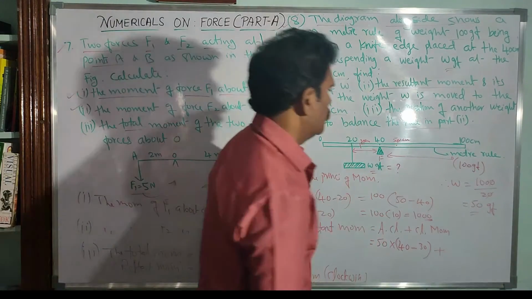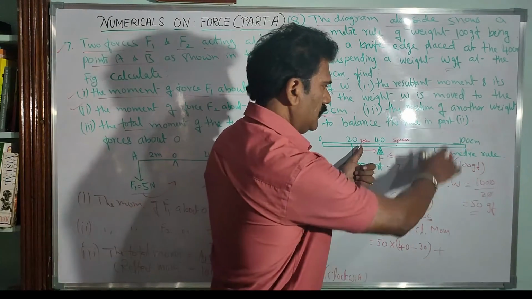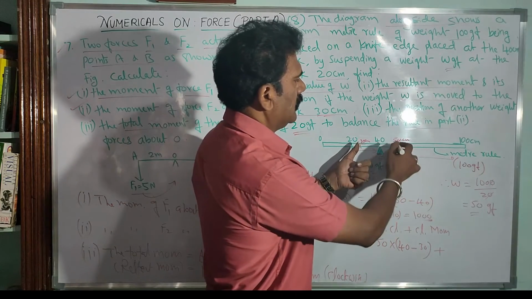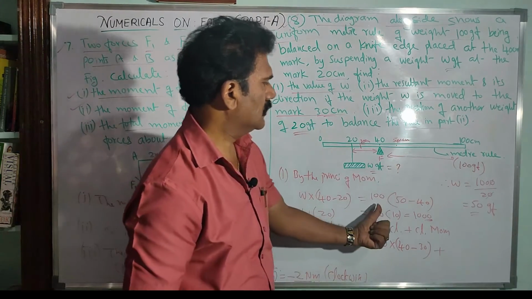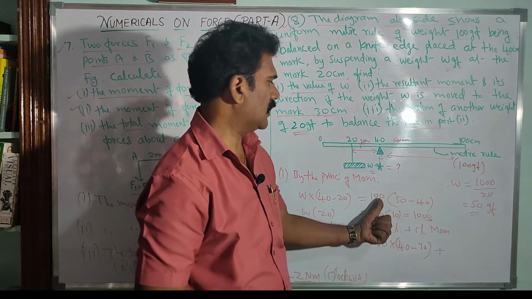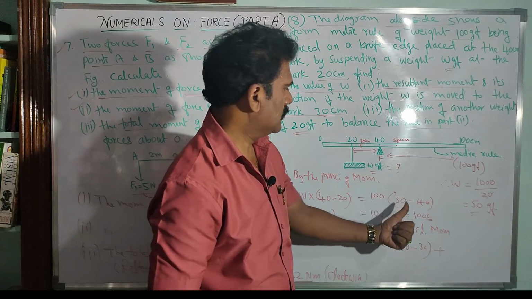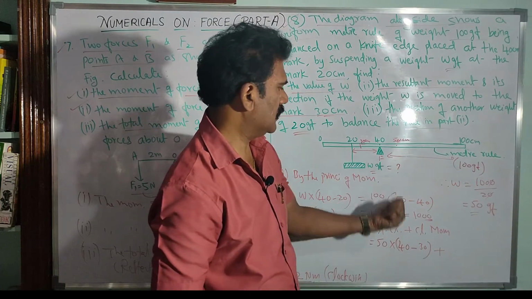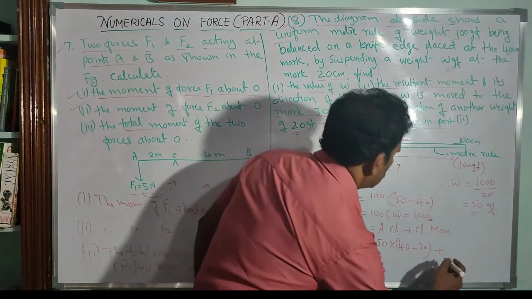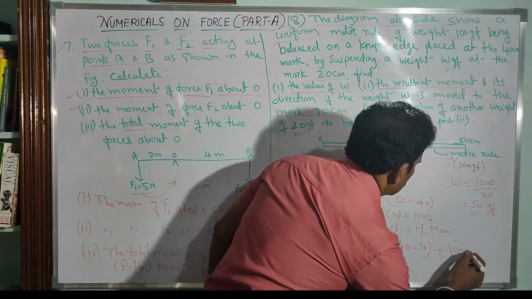Plus the clockwise moment is due to the weight of the beam hung at the center of gravity, 50 centimeter only, so this part will not change. 100 is the weight of the beam, and 50 minus 40, so everything is the same here, that is why you will get the value 1000.